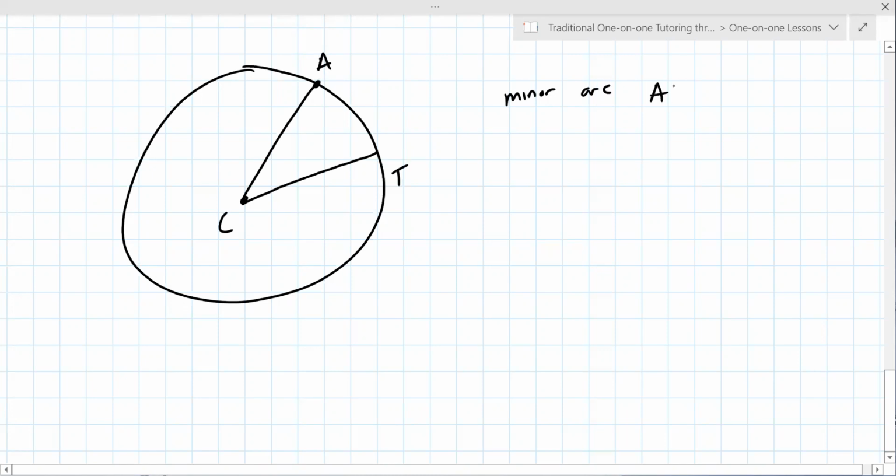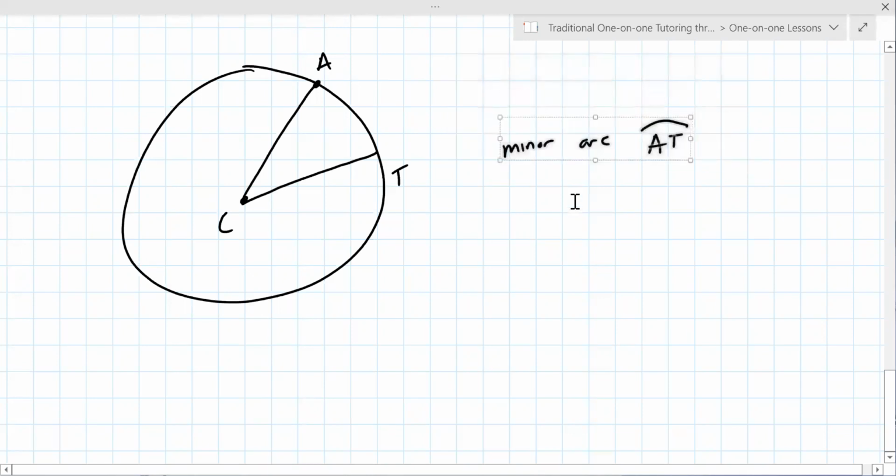So minor arc AT. This arc means it's this piece right here, but it also refers to this central angle here, which we'll get to in a moment.